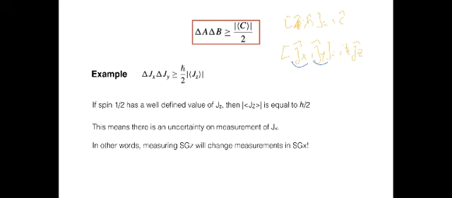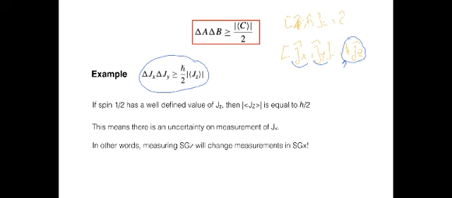Okay, there is an h bar term that comes in front because C would be my C operator, h bar Jz. So I end up with this relationship here. For example, if we have a spin 1/2 with a well-defined value of Jz, so that would be a state coming out of a Stern-Gerlach Z apparatus in one of the 2 channels, let's say the positive channel, then the expectation value of an eigenstate is the eigenvalue itself, h bar over 2.